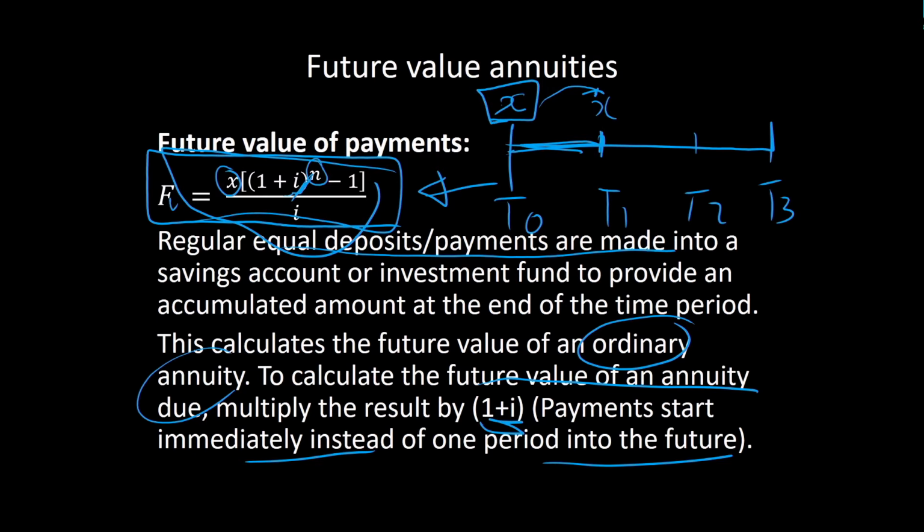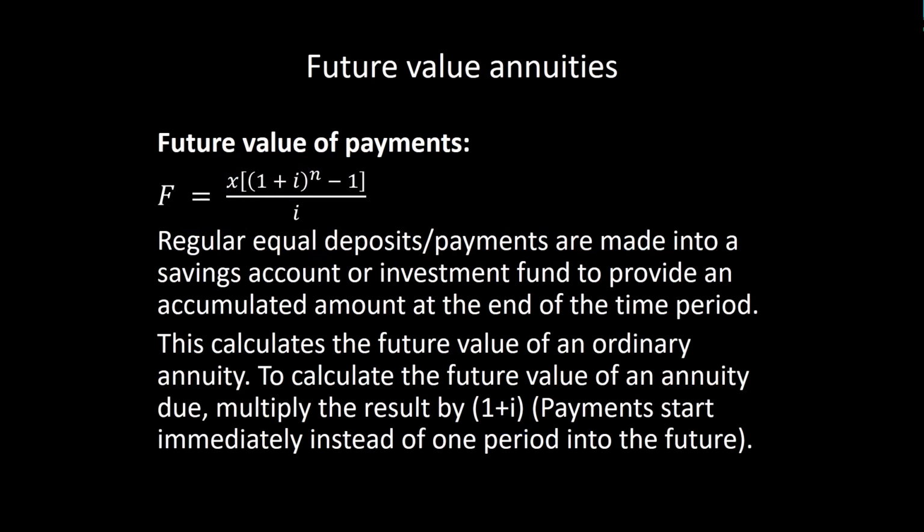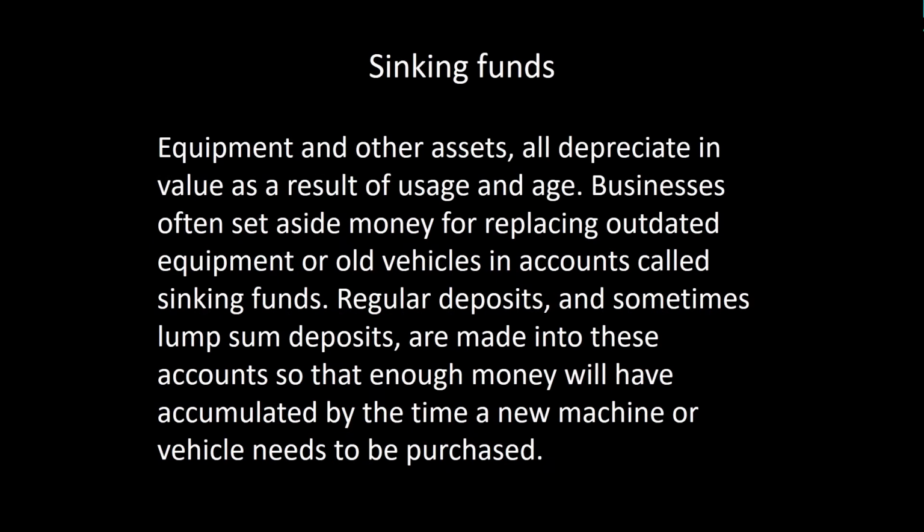So all you do is you take your formula, which is, let's just clear the screen so we can see the formula nicely. You take that formula, which is for an ordinary annuity, and you times it by 1 plus i when you have an annuity due. Okay, similarly for present values, but we'll talk about that just now.